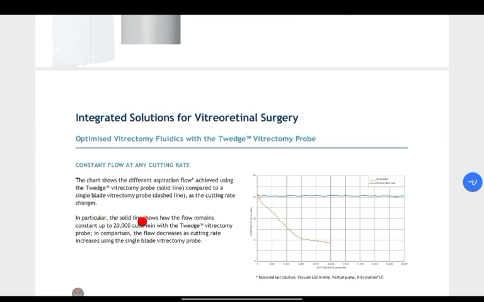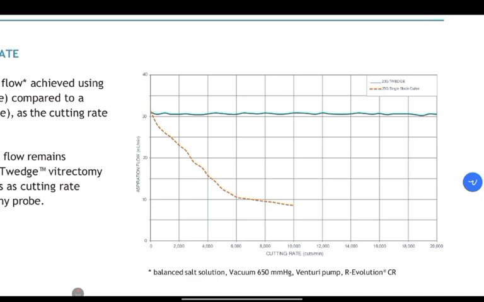In particular, the solid line shows how the flow remains constant up to 20,000 cuts per minute with the twitch vitrectomy probe. In comparison, the flow decreases as the cutting rate increases using the single blade vitrectomy probe. So friends, you can see this graph of aspiration flow versus cutting rate in cuts per minute.